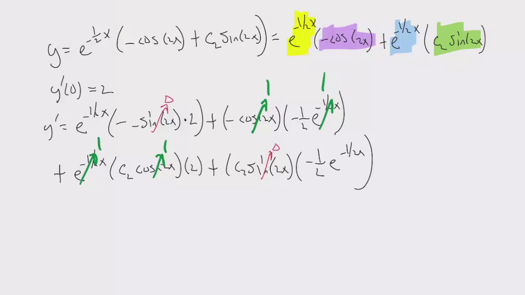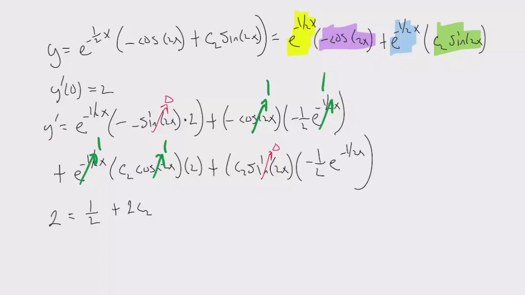Okay, so hopefully I got this cleaned up enough that we can solve for C2. So 2 equals, looks like 1 times 1 times 1/2, so 1/2 plus 2C2. Okay, so then we just need to solve for C2.